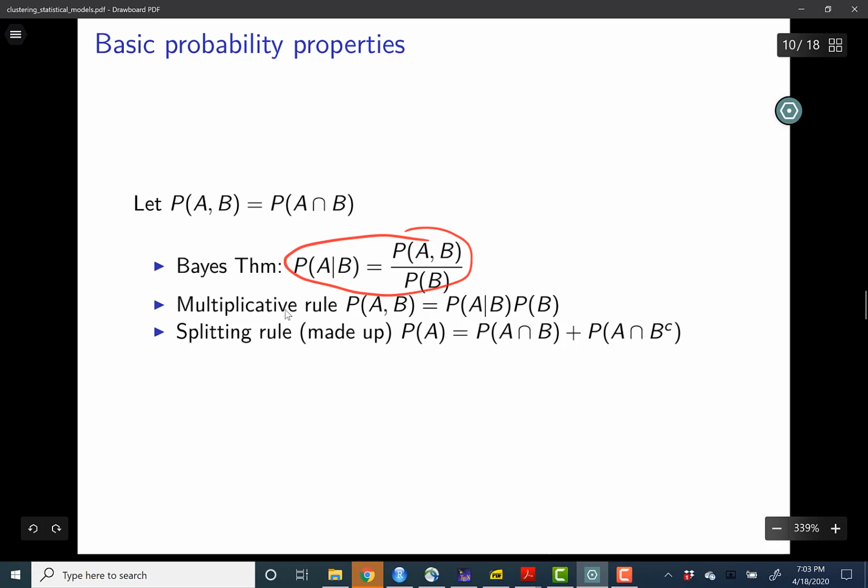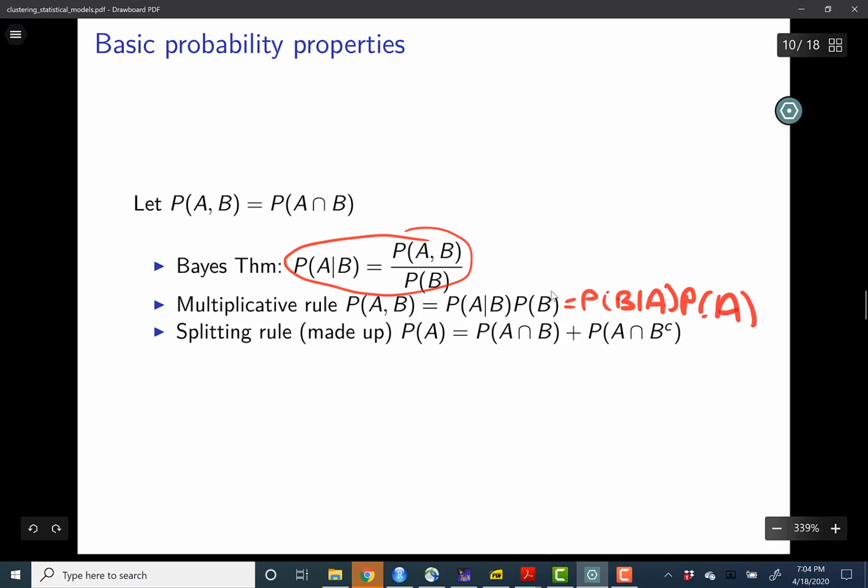This is the multiplicative rule. You can obtain the multiplicative rule from the Bayes theorem, right? I'm just rewriting the Bayes theorem. So what does the multiplicative rule say? It says that probability of A and B is probability of A given B times probability of B. You can of course easily write it as probability of B given A times probability of A as well.